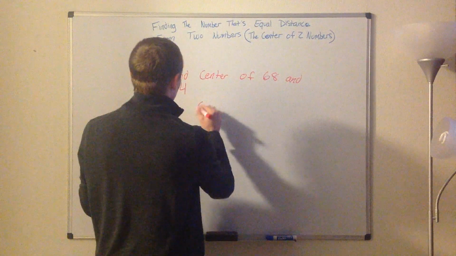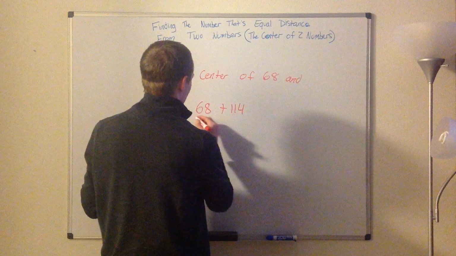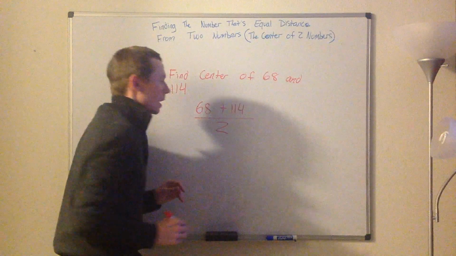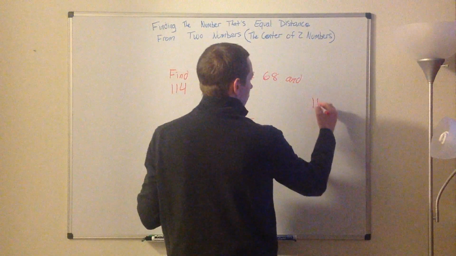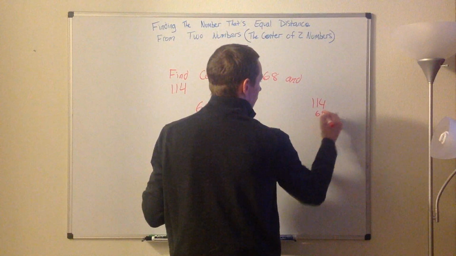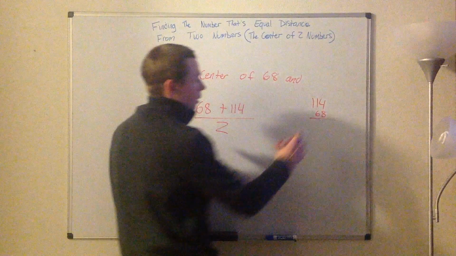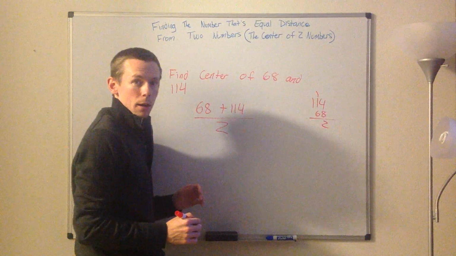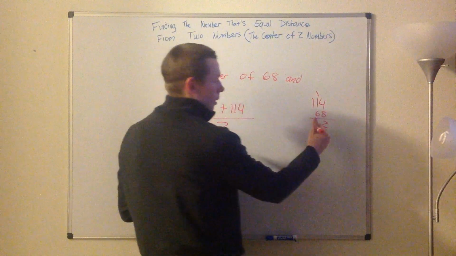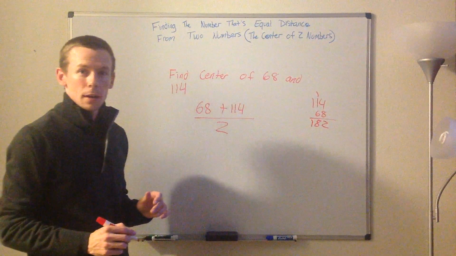Well, that's 68 plus 114. You might have that off the top of your head, but just in case you don't. 4 plus 8 is 12. Bring up that 1. 1 plus 1 plus 6 is 8, and 182.